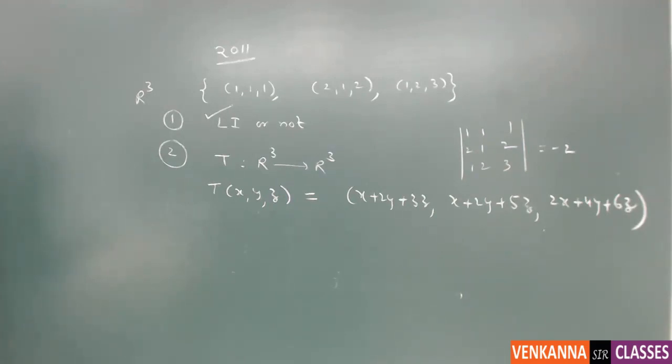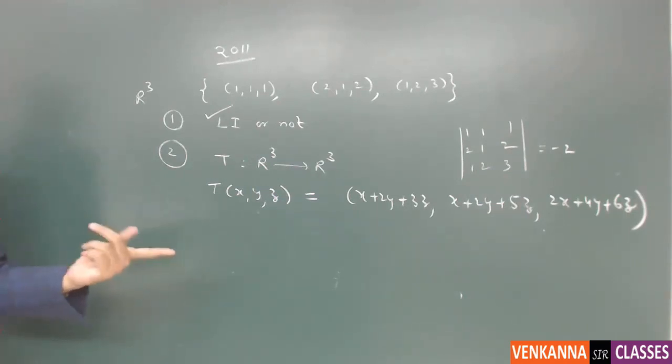What is to be done? Or do you want me to repeat? So I repeat again. Here also we calculate the determinant, or you can reduce that into echelon form, whatever procedure you can do.